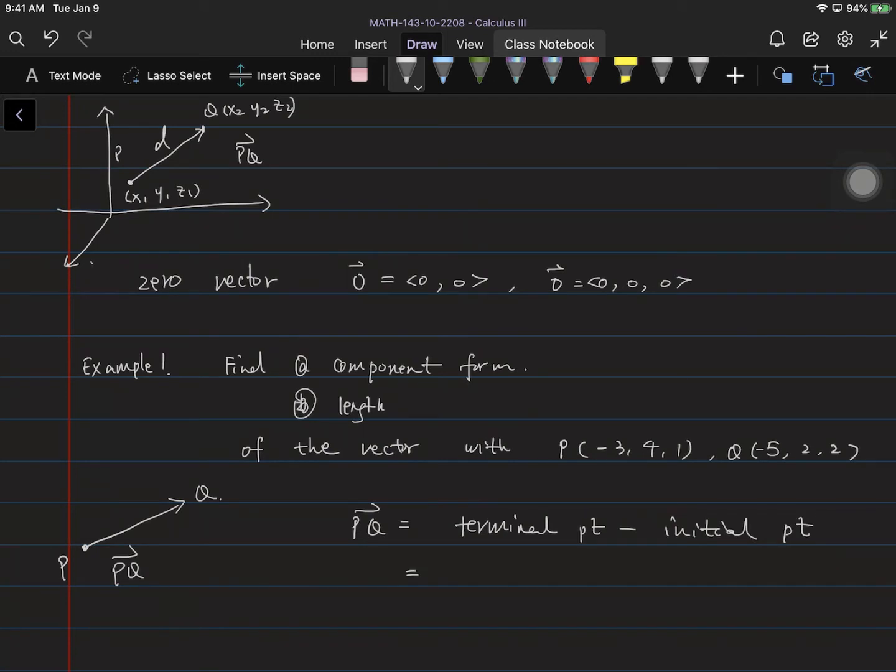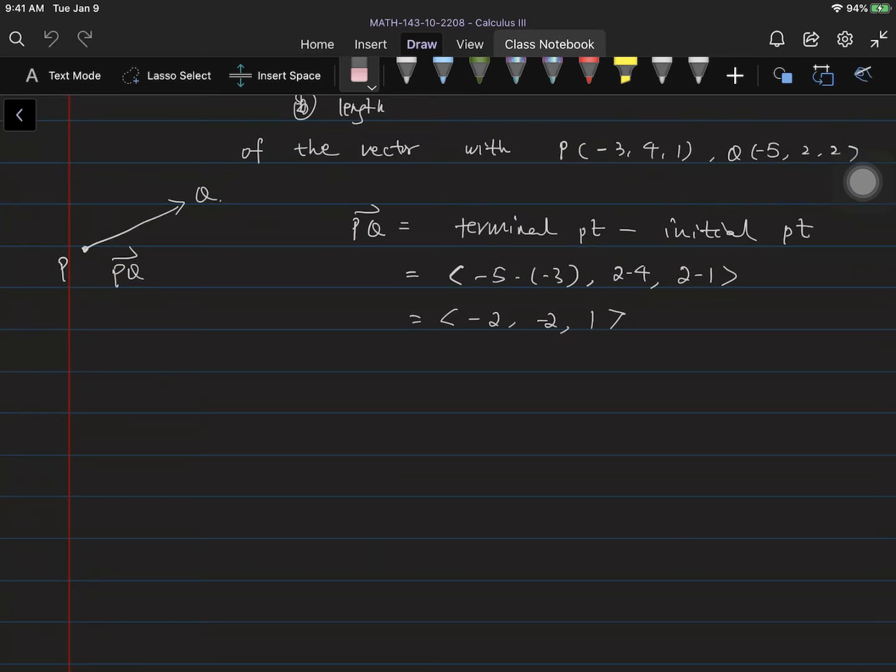So in this case, it equals negative 5, 2, 2 minus, actually we can write it in a better way: negative 5 minus negative 3, and 2 minus 4, and 2 minus 1, terminal, which is Q minus P. Let's simplify. So it should be negative 2, negative 2, 1, right? So this is the PQ vector.